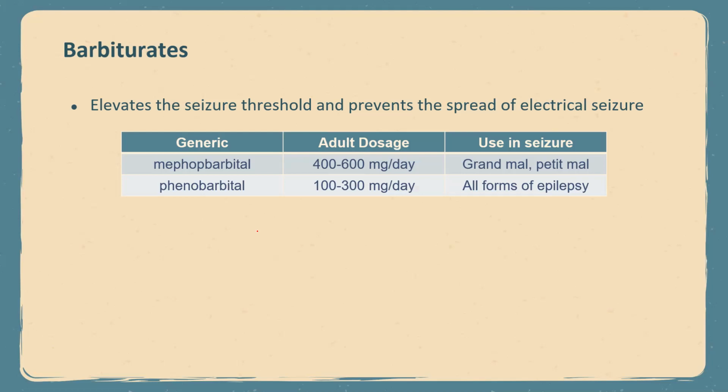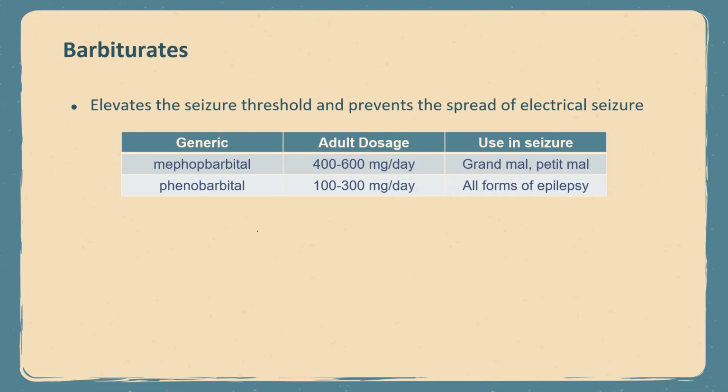Remember guys that we have our long-acting barbiturates, which include mephobarbital and phenobarbital. Okay? These are all effective against convulsion, known as effective anticonvulsants. Why? Because of their sedative effects.